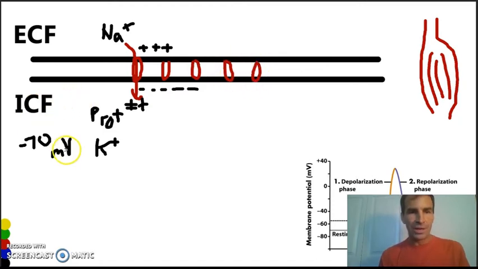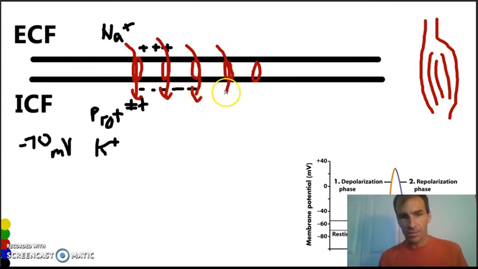When this area becomes more positive, when it depolarizes, it then causes the channels next to it to open up, and sodium comes in there. This area again becomes more positive, causing this next channel to open up there. Again, this area now becomes more positive, which causes this channel to open up here. You get the idea.